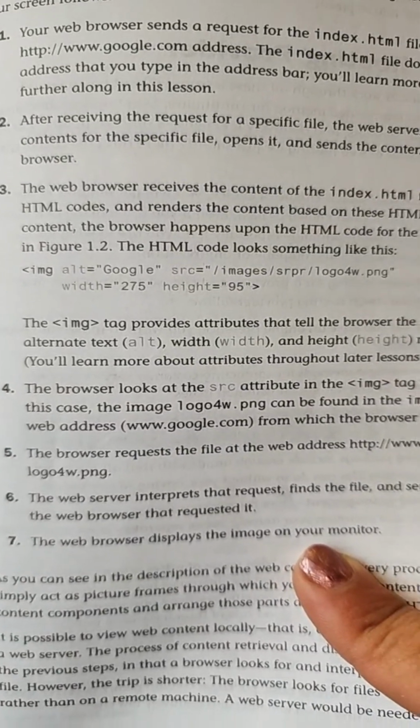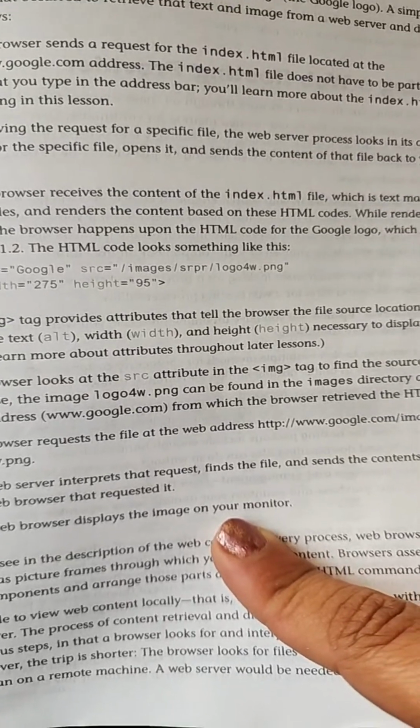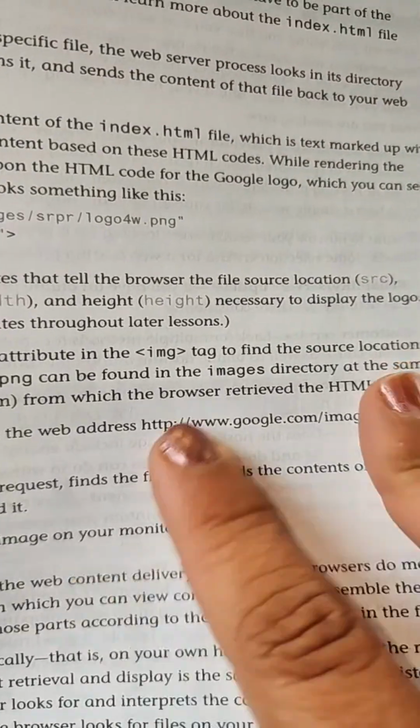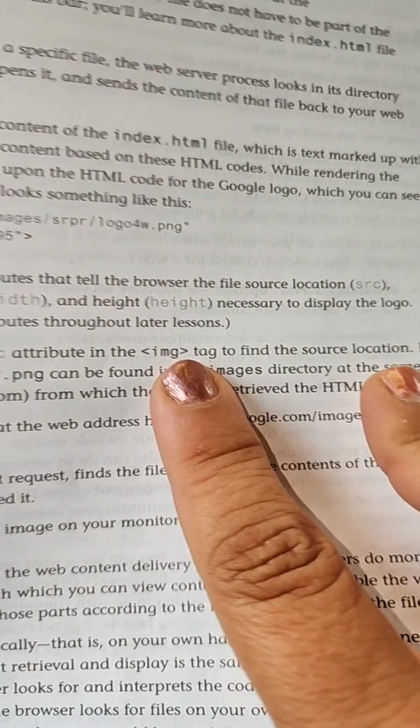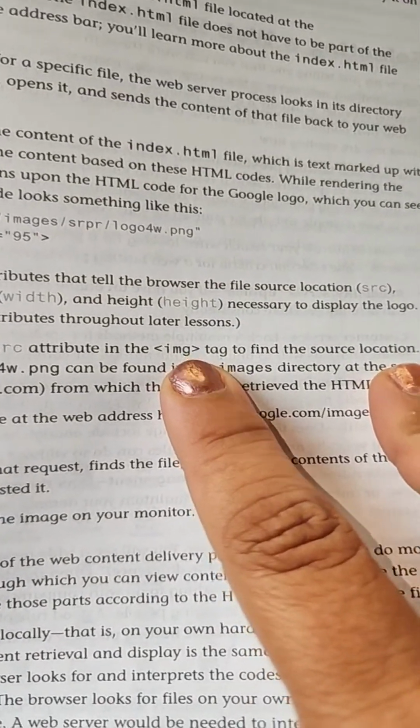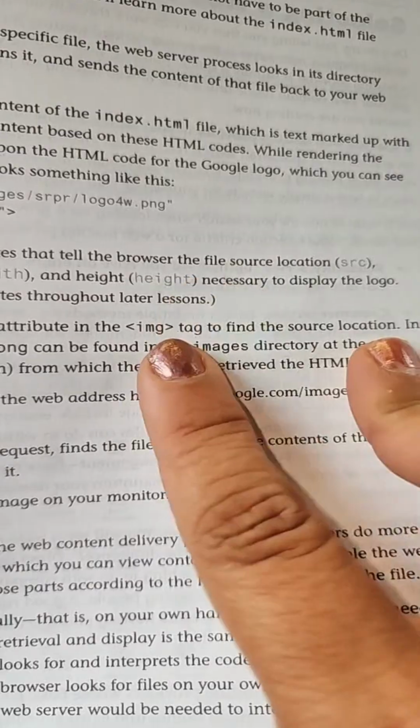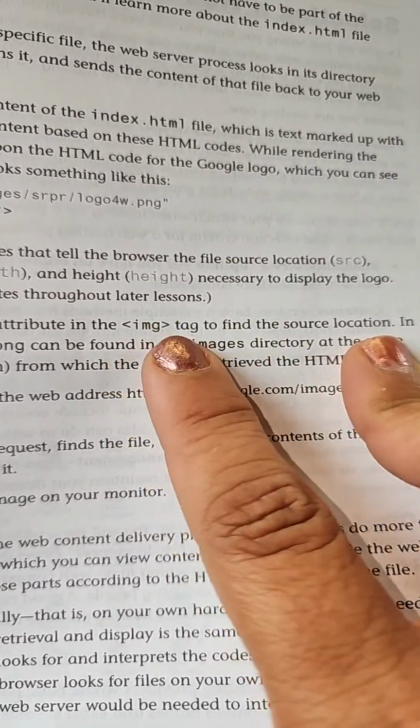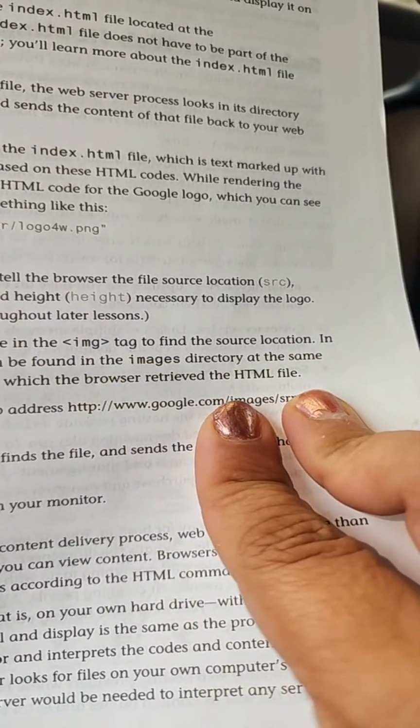4. The browser looks at the src attribute in the, notice it's got the greater-than, less-than pair with img in there, so they call that a tag. So the img tag to find the source location.